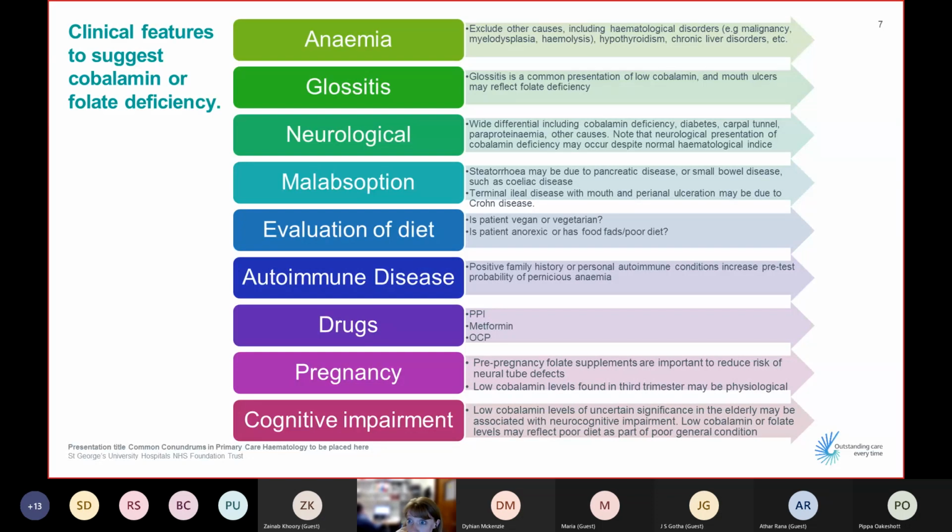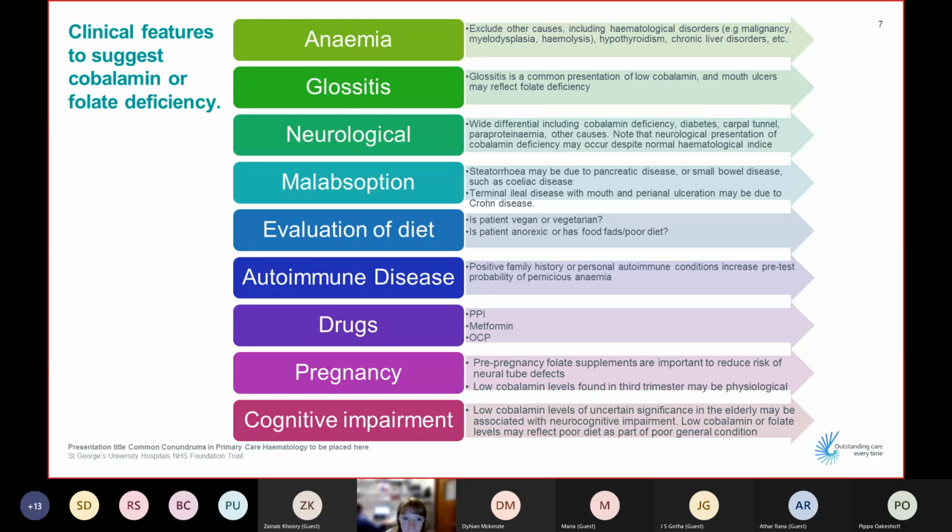Glossitis is a very common presentation of low B12, and similarly, mouth ulcers may reflect a folate deficiency. Patients presenting with neurological symptoms, I know the differential is wide, including diabetes and carpal tunnel, however, we should always remember to check B12 levels.